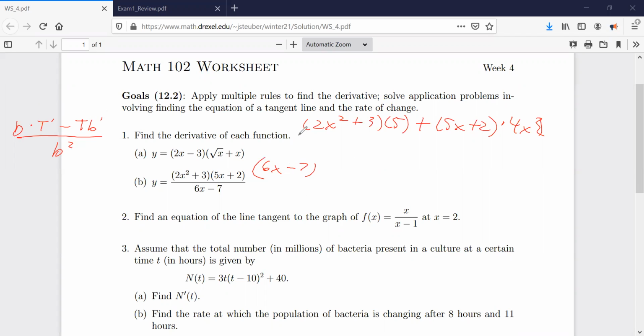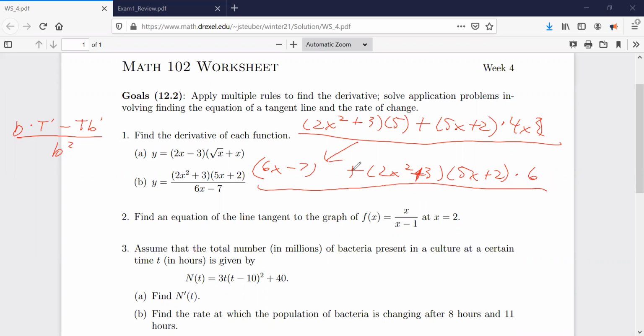And I'm just going to put this here to save us a lot of time and space: the bottom times the derivative of the top, and that guy up there is the derivative of the top, minus the top, which is 2x squared plus 3, times 5x plus 2, all times the derivative of the bottom, which is just 6.